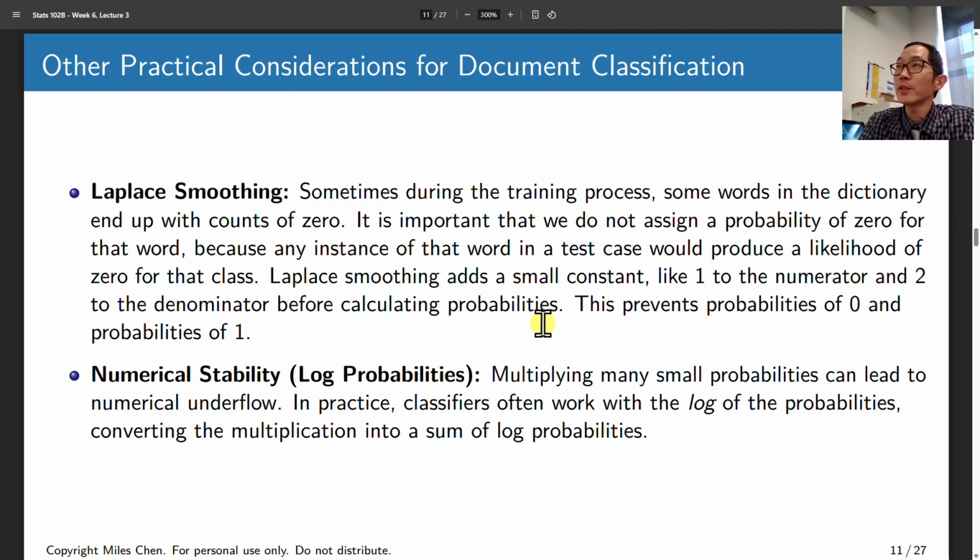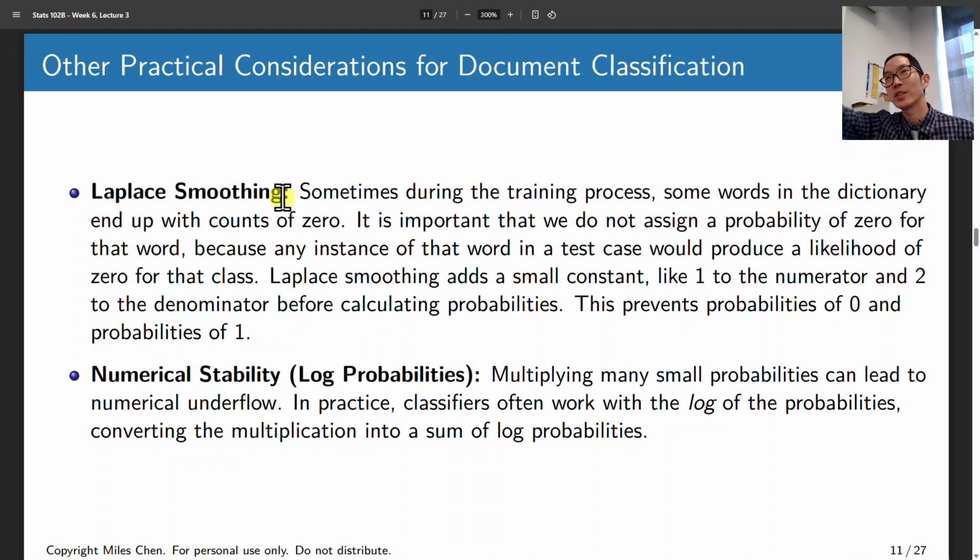Just a couple other things regarding document classification with naive Bayes classifiers. There's something called Laplace smoothing. Sometimes as you're training, certain words in your vocabulary might have a count of 0, okay?